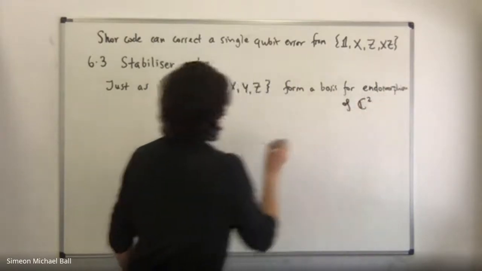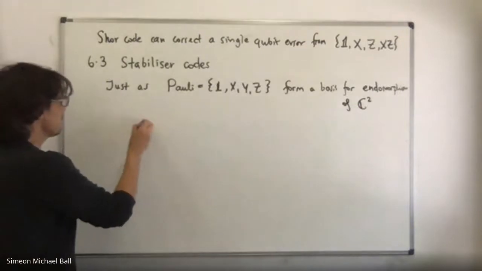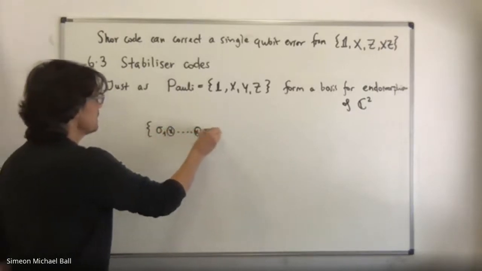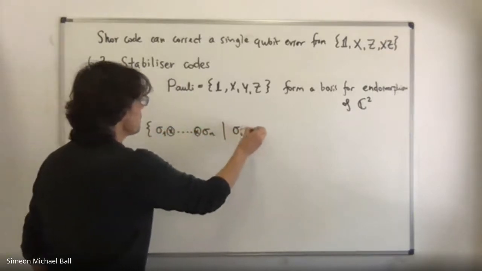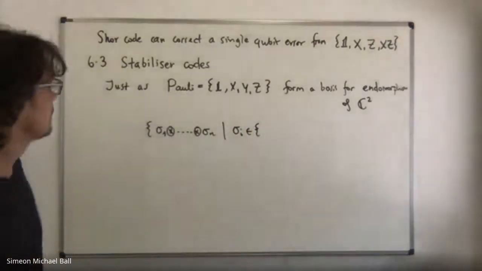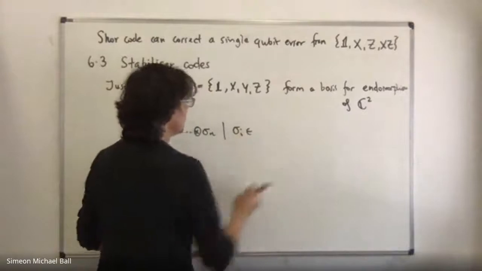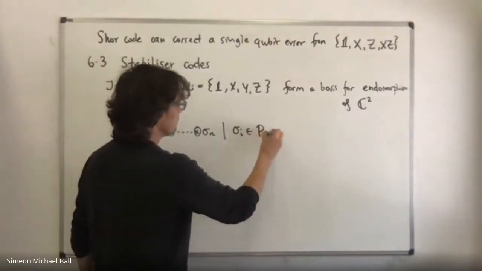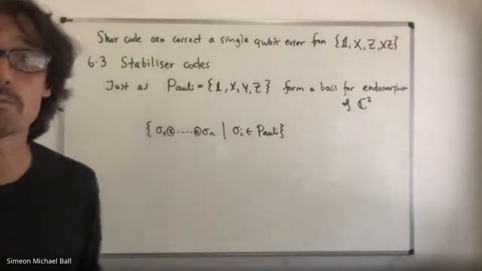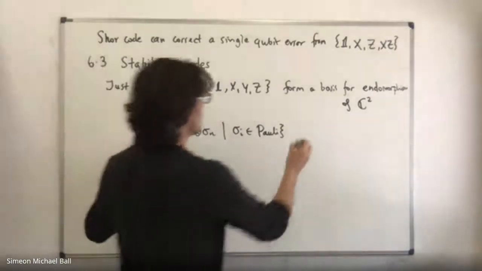If we tensor together, so the set sigma 1 tensor ... tensor sigma n, where the sigma i are these Paulis, then these form a basis for the endomorphisms of our Hilbert space.